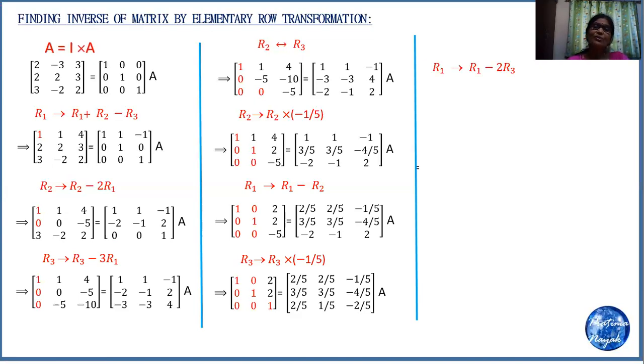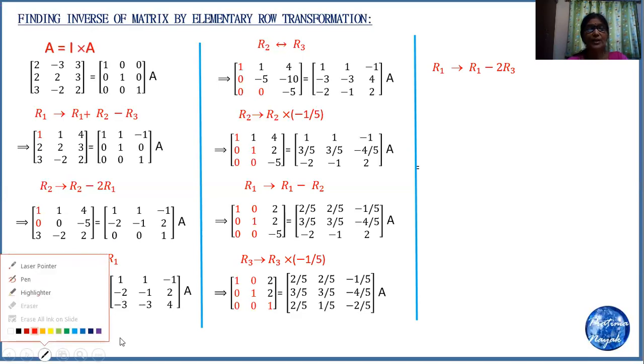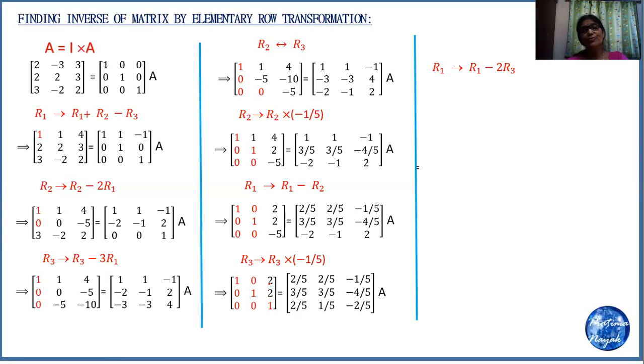So here we'll do R1 is equal to R1 minus 2R3. So can you get why 2R3? Why not R2? 2 minus 2 is also 0. But we are not writing it.